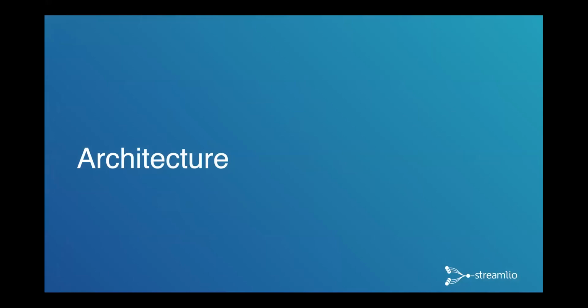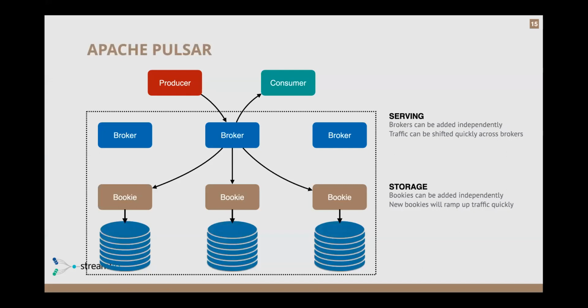So let's talk a little bit about the physical architecture now that we've covered some of the logical architecture points. This is Apache Pulsar. It consists of a separated broker layer, a serving layer that has all these independent stateless brokers that can serve any sort of requests, and then a separated, tiered storage layer that allows you to independently add bookies, and each one can be scaled up independently from the other.